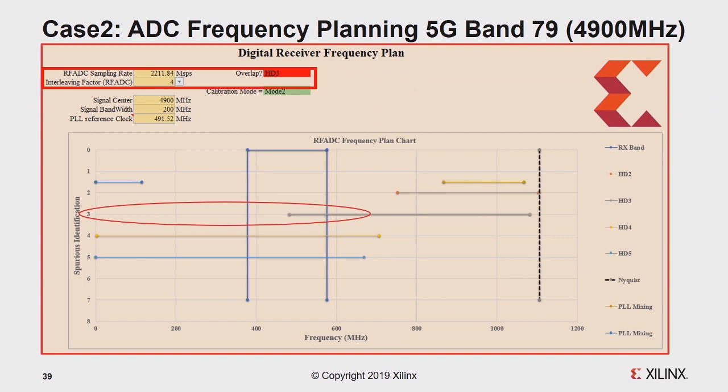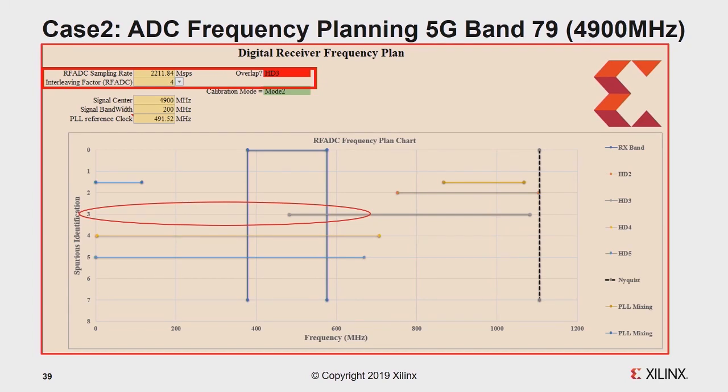It depends on your spec, right? Our RFSoC HD spec can go down to 75 dBc. So if your spec can accept that kind of performance, you can still use it.